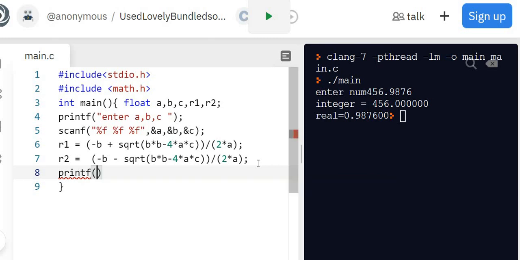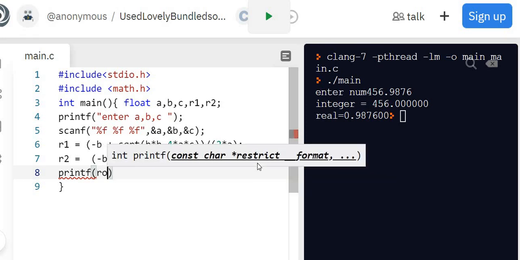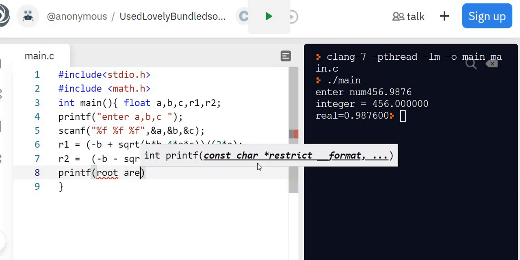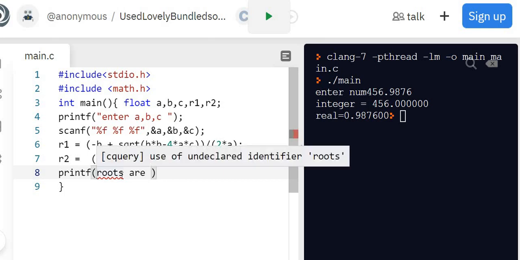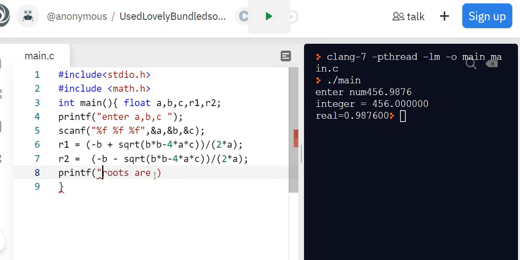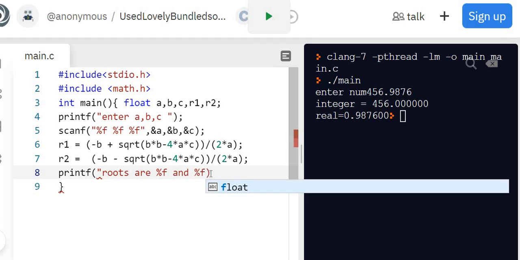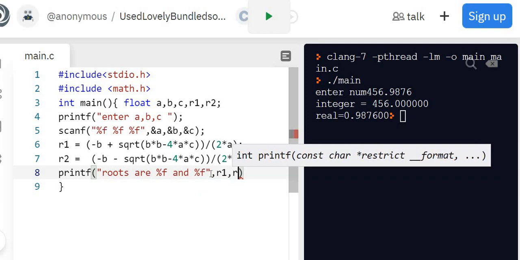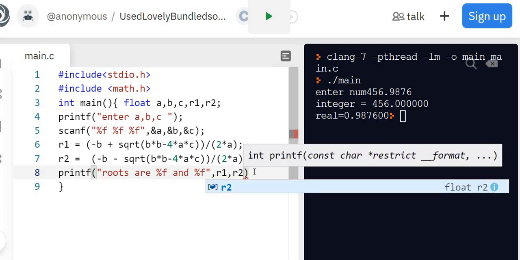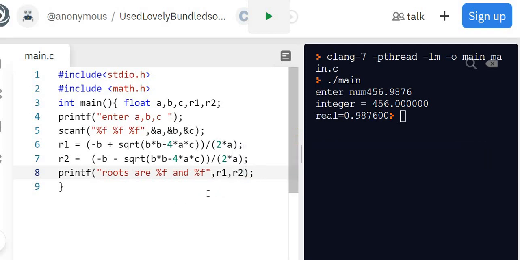Printf roots are %f and %f, comma r1 and r2. So these two roots we have to print.